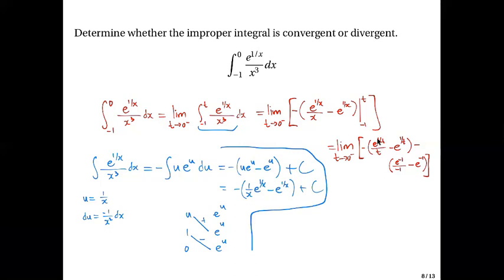This is 0 over 0, an indeterminate form of type 0 over 0. This, of course, will go to e to the 0, and e to the negative infinity, that's just 0. And then this guy here, it's just a number.